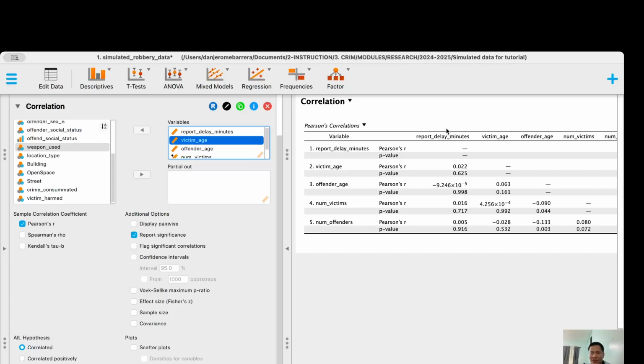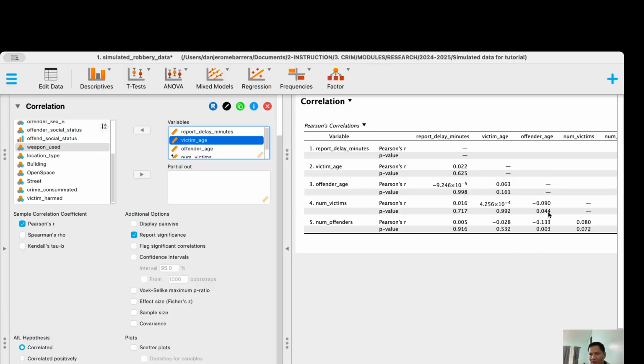For number of offenders and reporting delays, the relationship is positive. However, it is not significant because the p-value is much higher than 0.05. But let's look at other variables, for example offender's age and number of victims, offender's age and number of offenders.